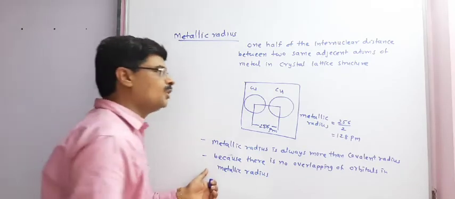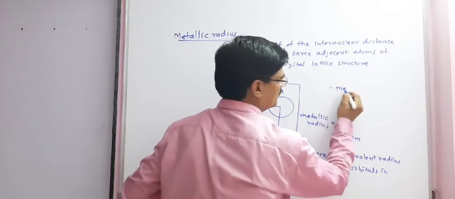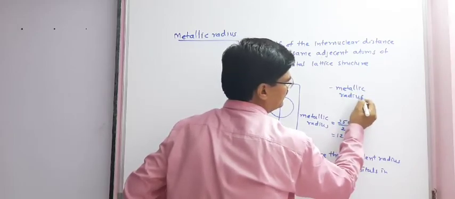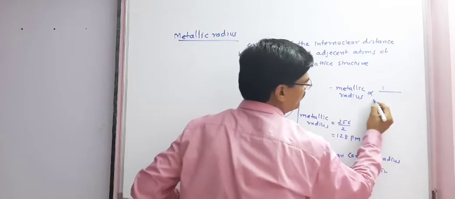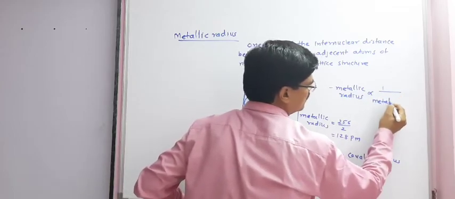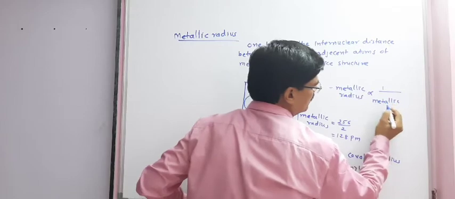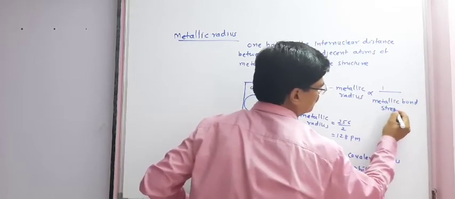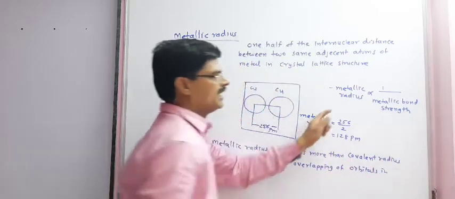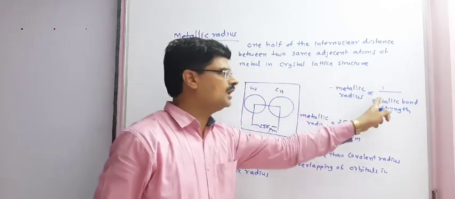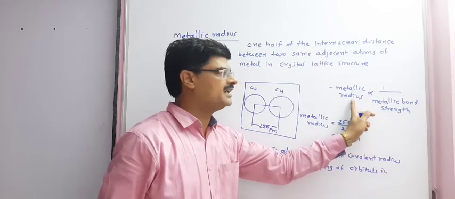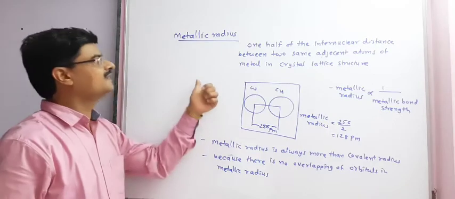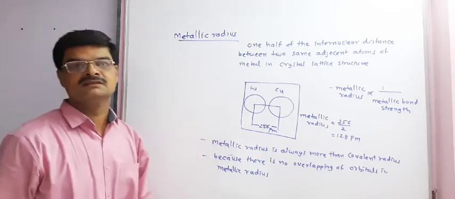Also, we can write one more point: metallic radius is inversely proportional to metallic bond strength. So this is about metallic radius.